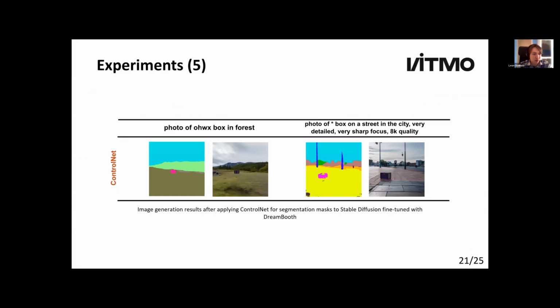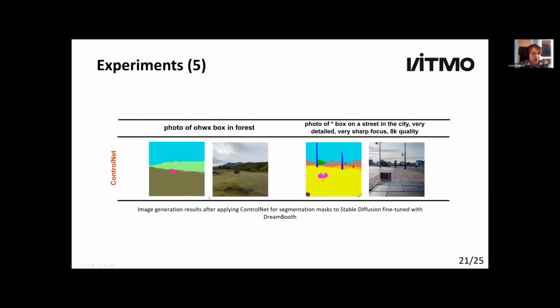So there you can see the results. There is a prompt on top of that. From the left, it is the input segmentation map, and on the right, it is the generated image.